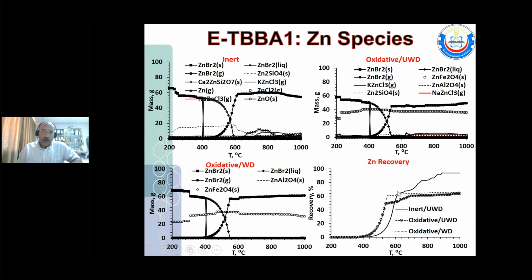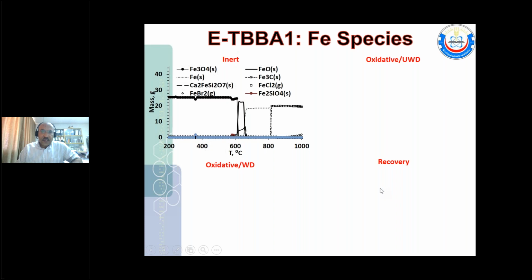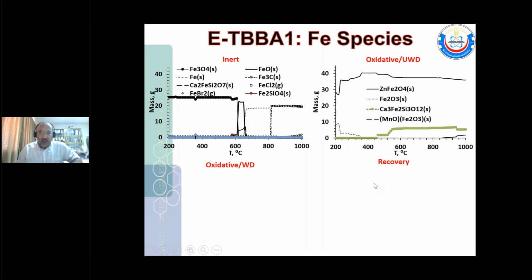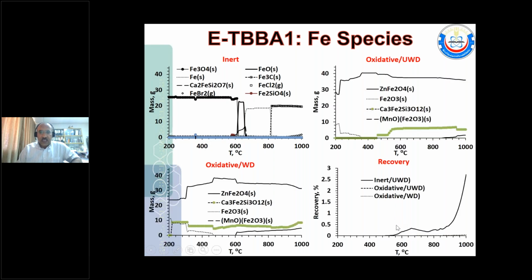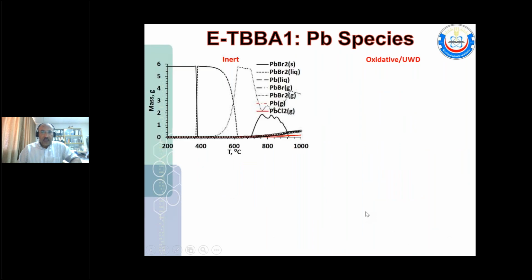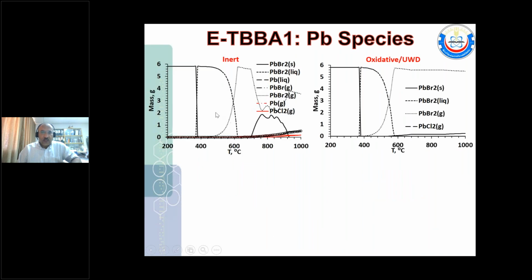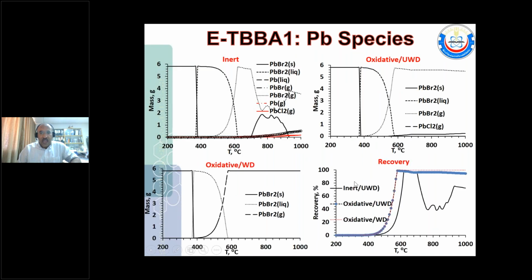This is overall recovery. The same thing we did with iron, and we see under inert conditions, we have high concentration of iron coming as gaseous material at high temperatures. Now with regard to lead, we have the same profile, and finally we look at the recovery.